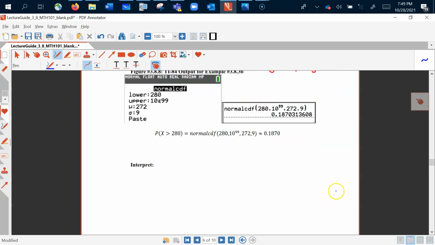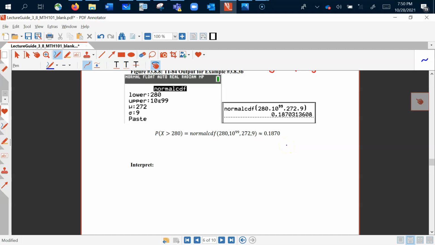So let's go ahead and interpret this. Notice there's the notation I had above, probability of a random pregnancy having a value greater than 280 days. Here's what literally I entered in the calculator: the normal CDF function, lower value of 280, upper value of 10 to the power of 99, that's approximating infinity, 272 for the mean, and the standard deviation is 9, is approximately 0.187 to 3 decimals. So how do we interpret this? There are 2 different interpretations.